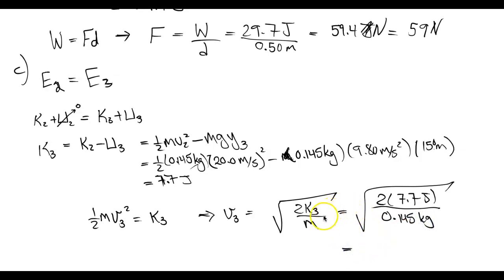And because we're taking the square root, it could be that we have a positive or a negative velocity. Positive meaning the ball is going up. Negative means the ball is coming down at that point, which is possible because it's not above the maximum height. And if we do this and we take into account significant figures, we get about 10 meters per second plus or minus.